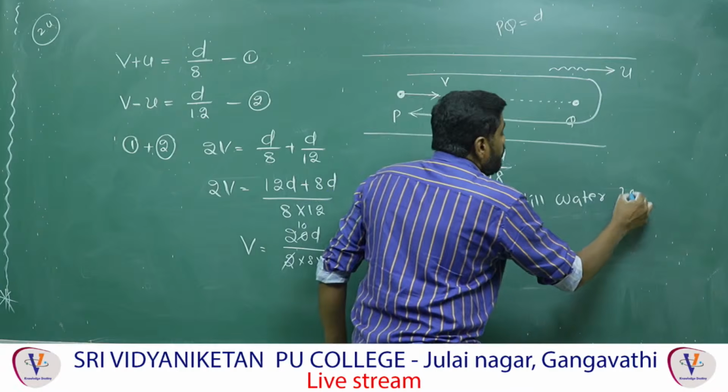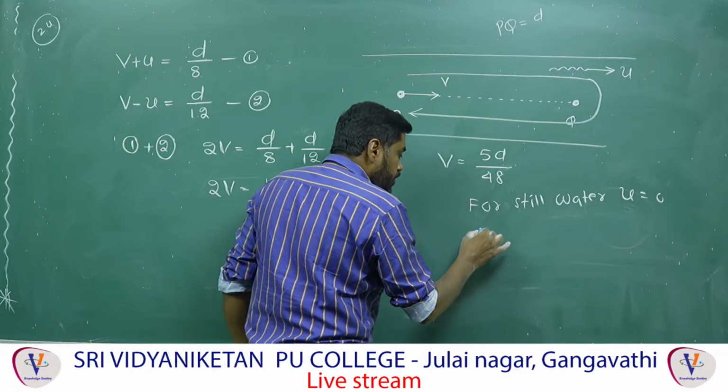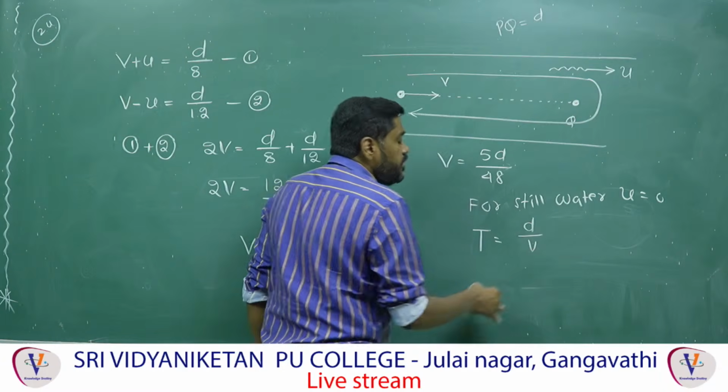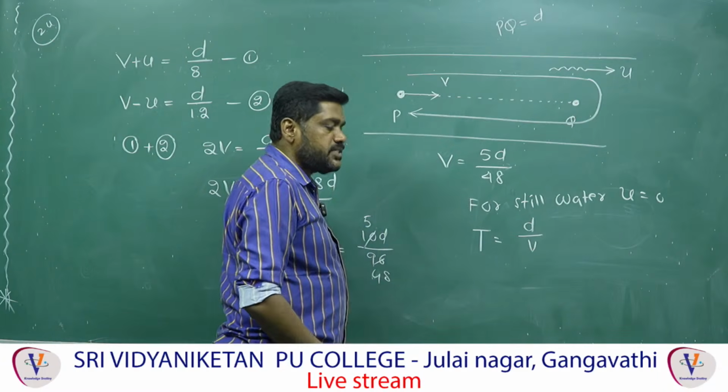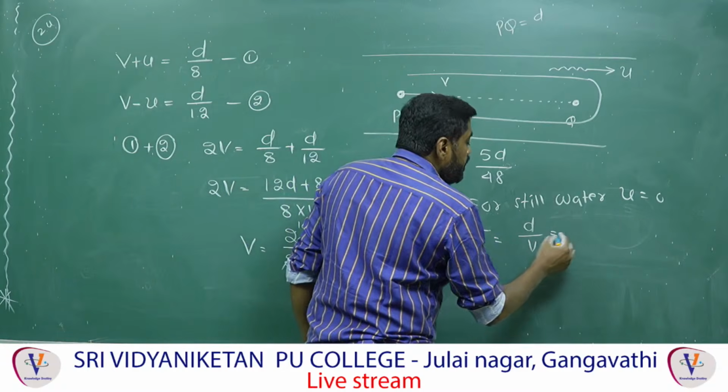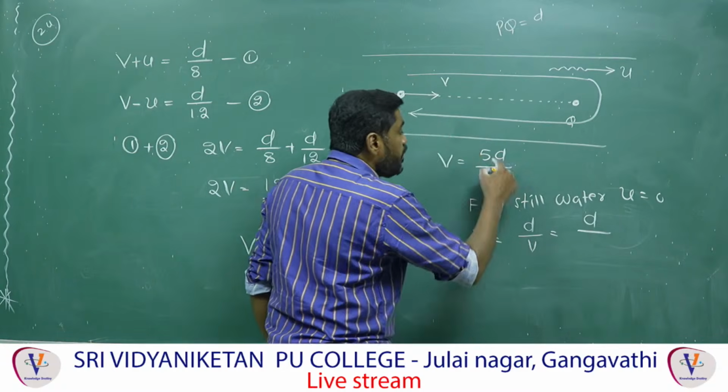U is equal to 0. Therefore, what is the time? Now, capital T I will take. Distance travelled by velocity, because only one velocity is there, that velocity is the boat. Therefore time taken is equal to distance by velocity. Our distance is D only, and the V value, how much you got?